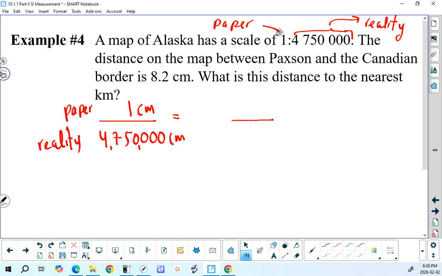So we can set up a ratio. Something on the map is 8.2 centimeters, and we want to find out what this number is. Well, you cross multiply. X times 1, which is x, equals 8.2 multiplied by 4,750,000.